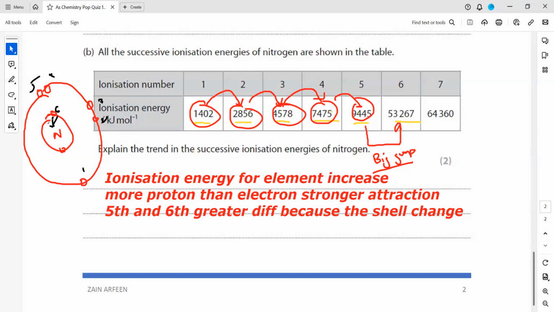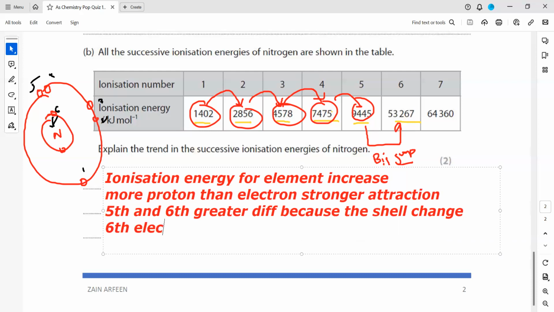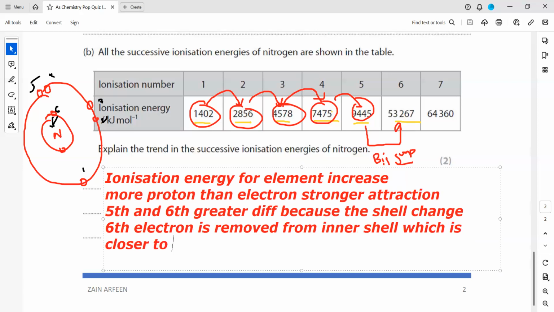So it will have a much stronger attraction. Between the fifth and the sixth there's a greater difference because the shell changes. The sixth electron is removed from an inner shell, which is closer to the nucleus. When it is closer to the nucleus, it will have a stronger attraction.